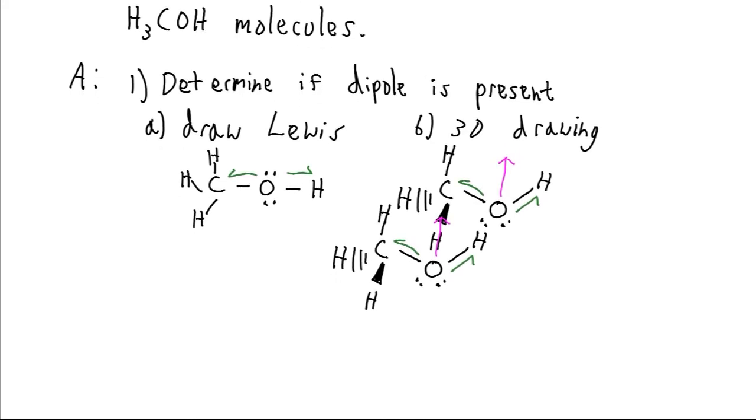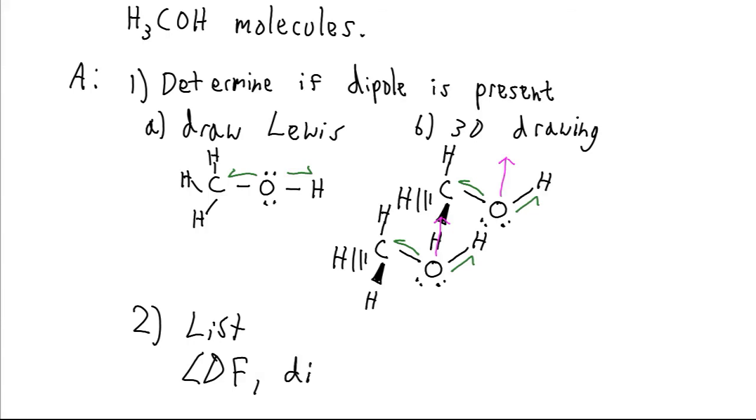So our molecular forces that we have for this molecule: we had London dispersion forces as a given. There are no permanent charges, so there's neither ionic forces nor ion-dipole forces.